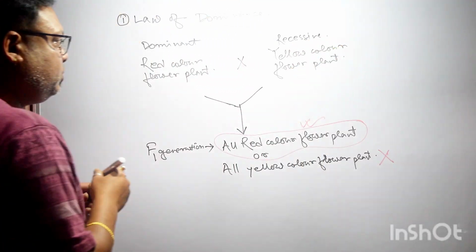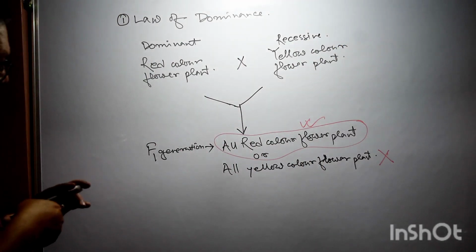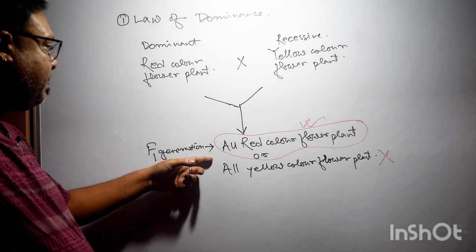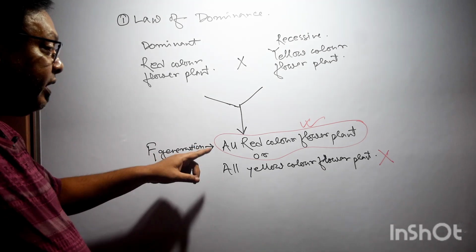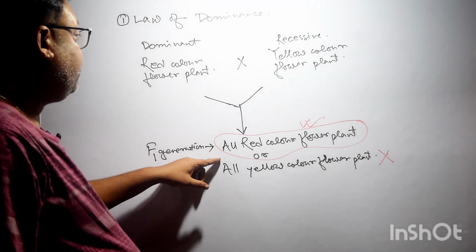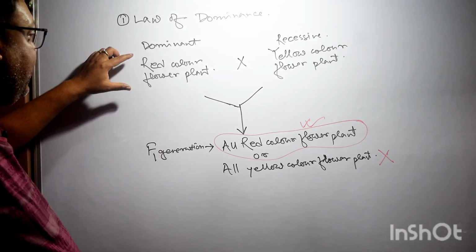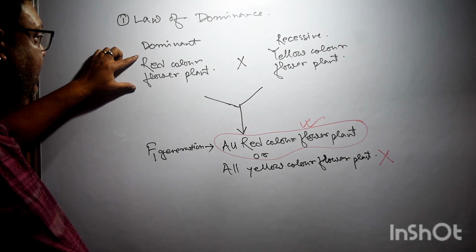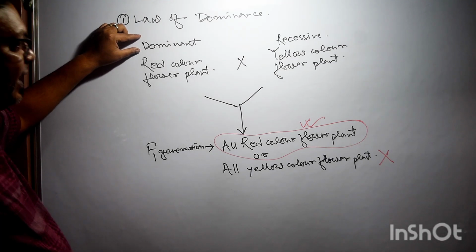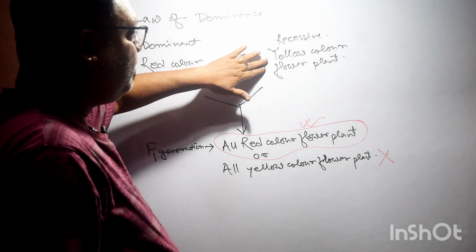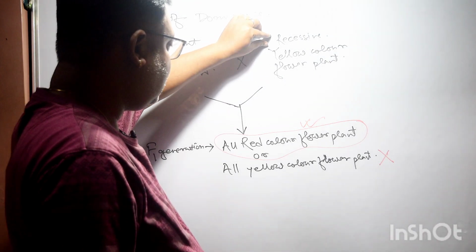If we get all red color flower plants in the F1 generation, then the red color parent plant is the dominant one and the yellow color parent plant is the recessive one.